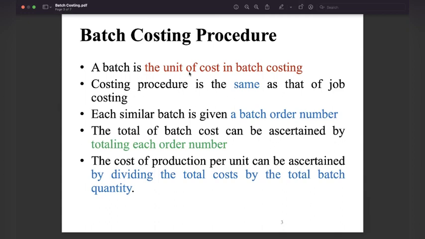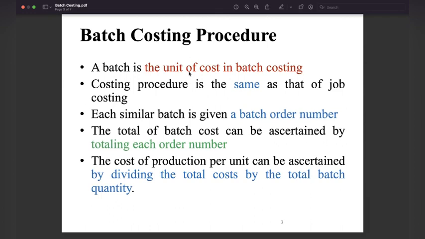The total batch cost can be ascertained by totaling each order number. So we will separately have order numbers, and the total batch cost can be ascertained by taking the total of these order numbers, right?